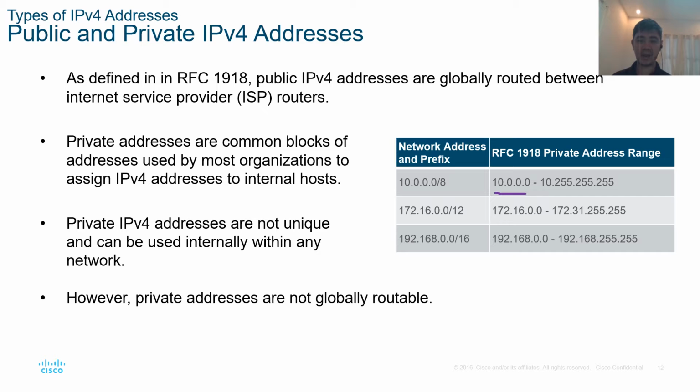That's the standard: if you were to assign an IP address to a computer locally, it should be within the range of 10.0.0.0, or 172.16 to 172.31, or 192.168.0.0 to 192.168.255.255. So we call this the private address range, under RFC 1918. Those that are not in this block are tagged as public.